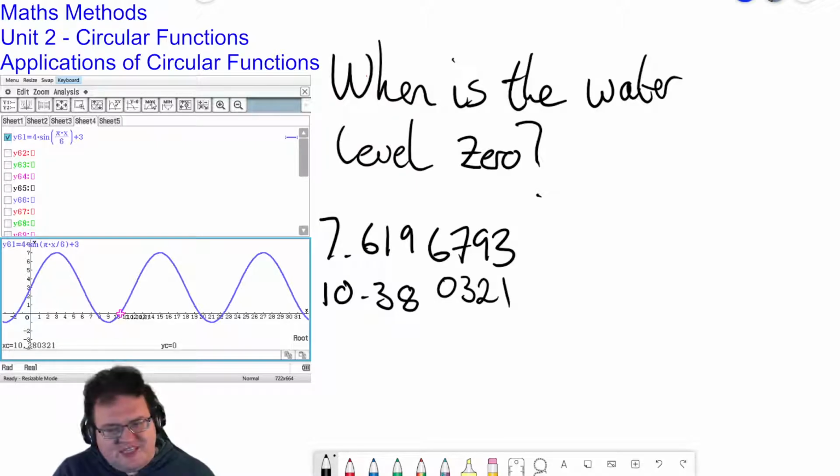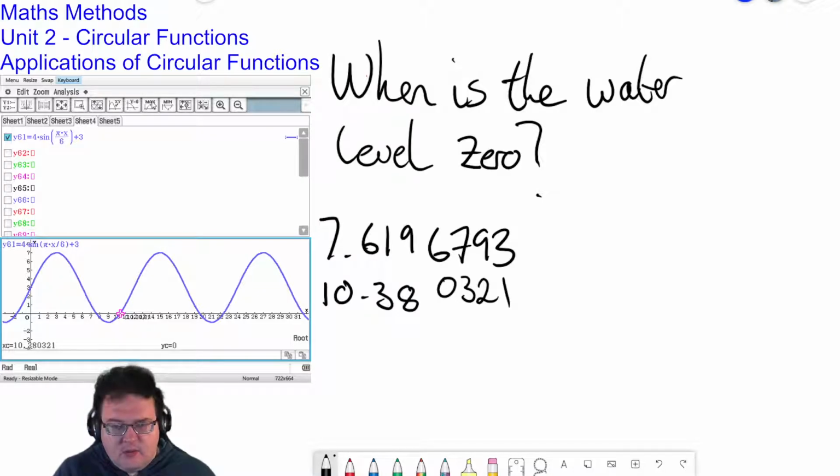But over the course of a day, is that all? Over the course of a day, is that the only time the water level is down?